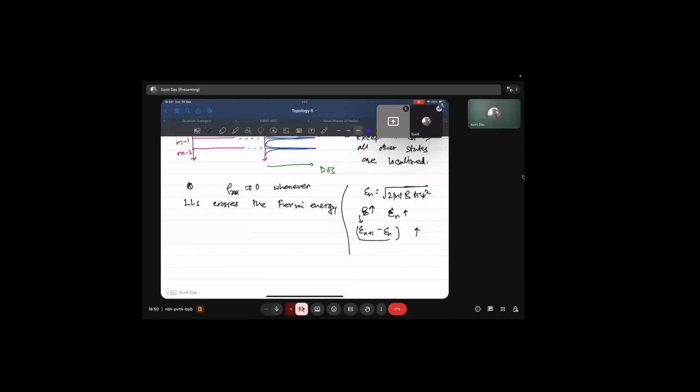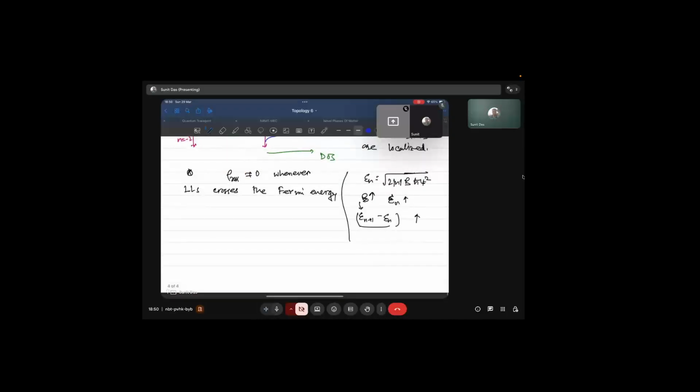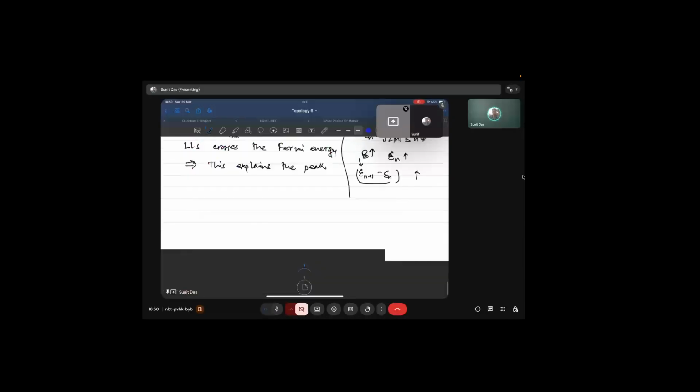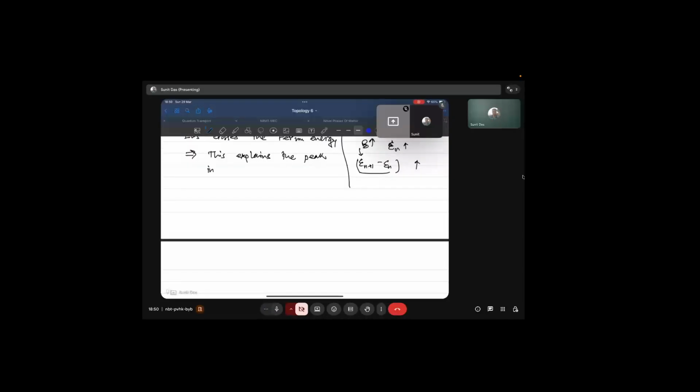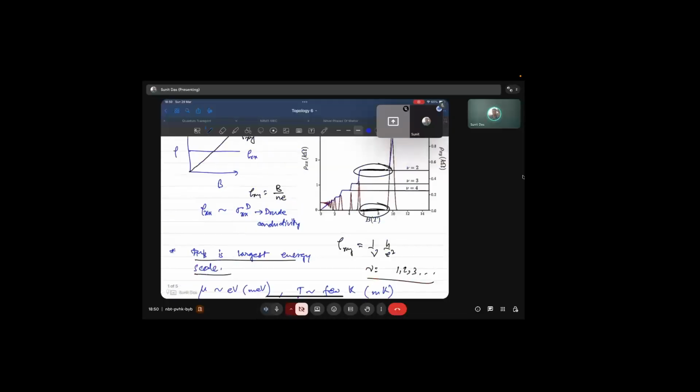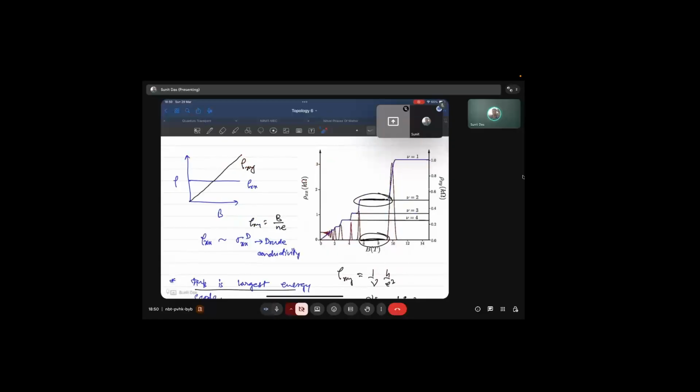That means this explains the peaks in rho xx. If I go to the earlier picture, you had peaks there, right?